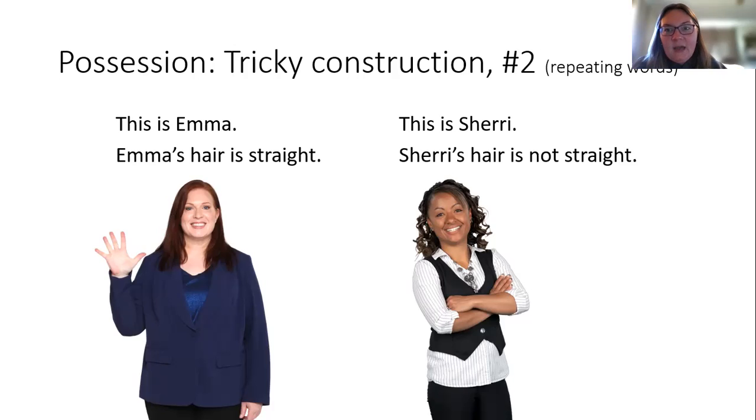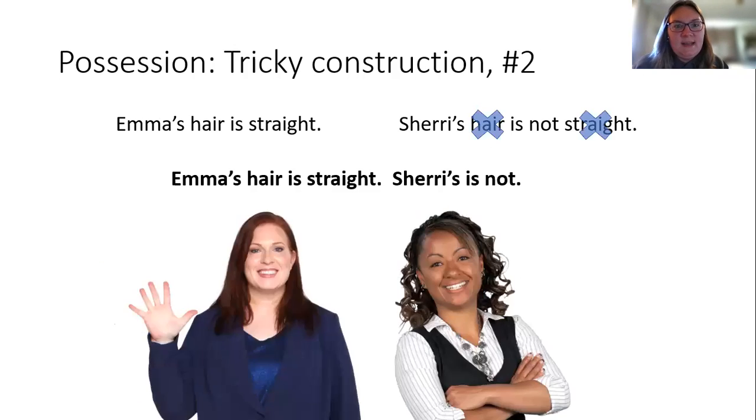Because we're lazy and we don't want to say all those words again. So let's go back to Emma. This is Emma on the left. Emma's hair is straight. And this is Sherry on the right. Sherry's hair is not straight. We could say curly, but we're going to say not straight for the sake of this example.